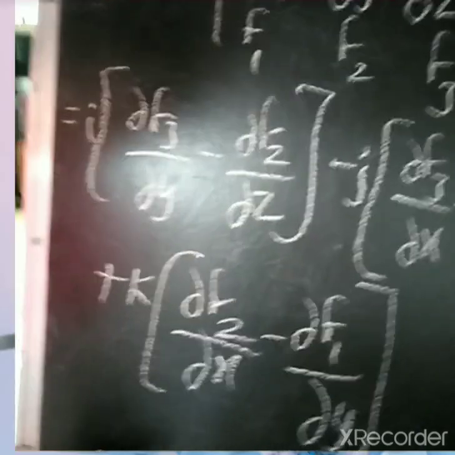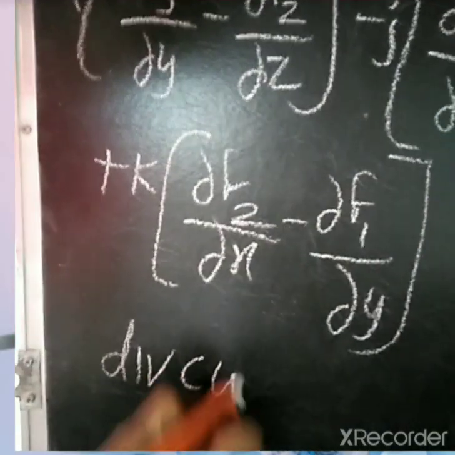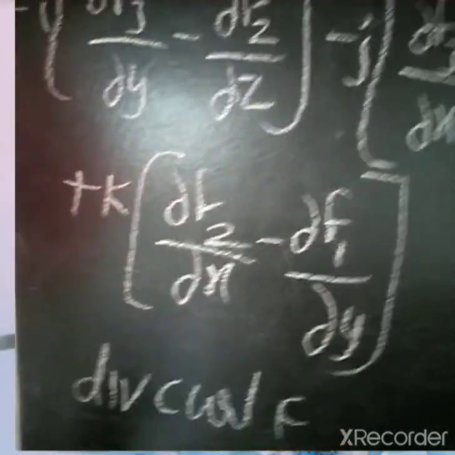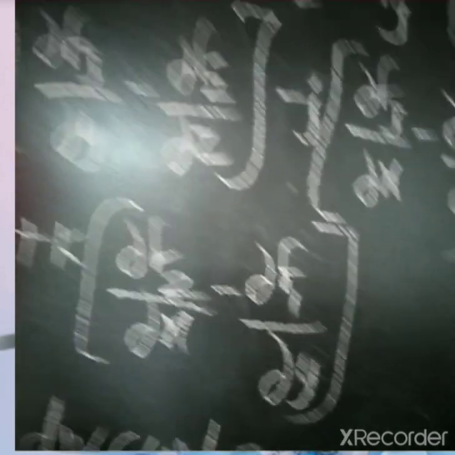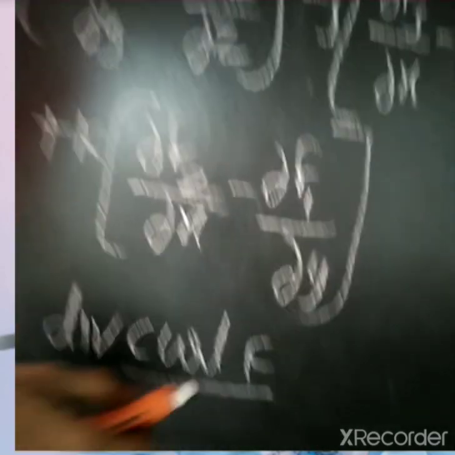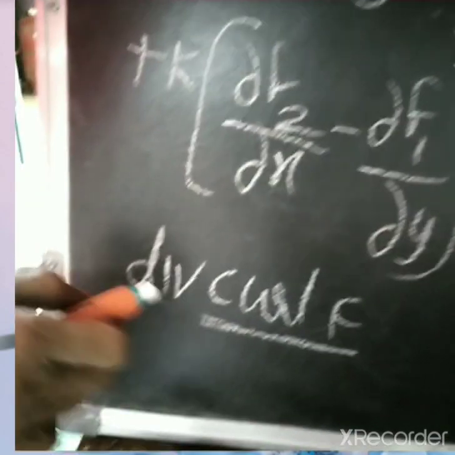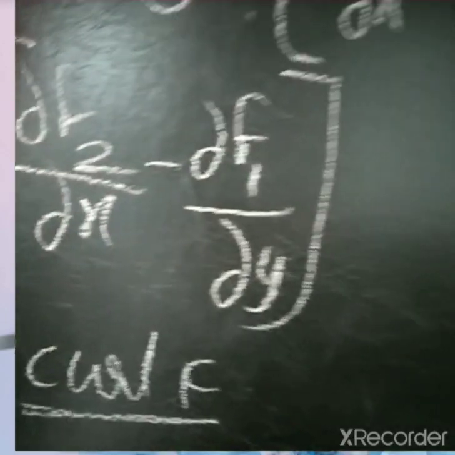So now we have div curl f. First we obtain the value of curl f, then apply div to it.